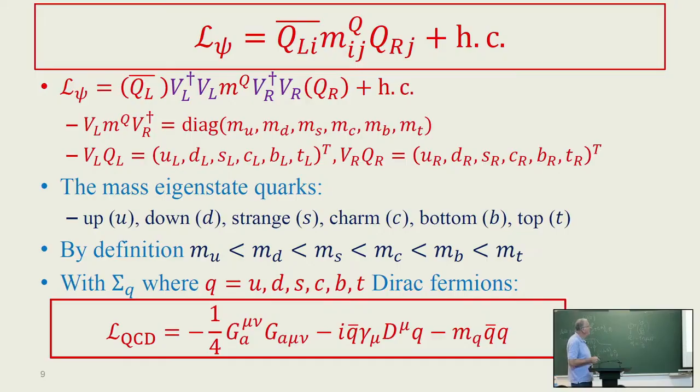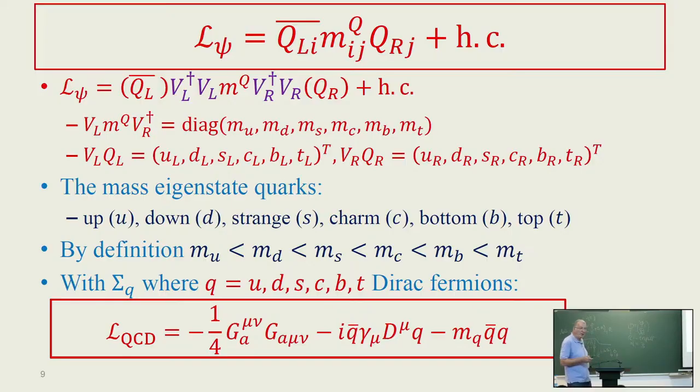In the new basis, the basis where this mass matrix is diagonal and real, I give names to the left-handed quark fields. I call them up left, down left, strange left, charm left, bottom left, and top left. And I give names in this particular basis to the right-handed fields: u right, d right, s right, c right, b right, and t right.